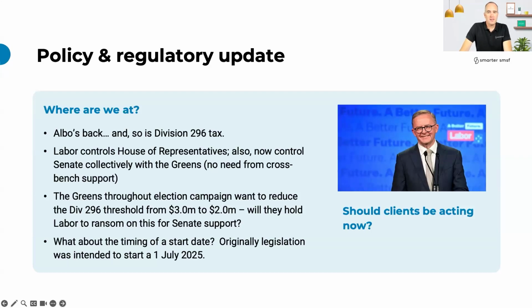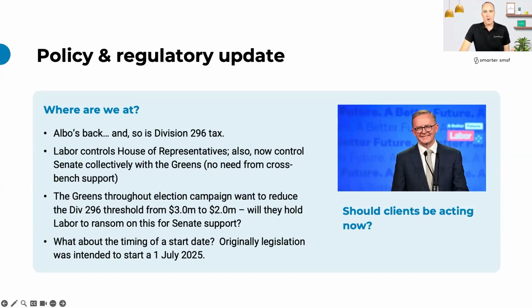We saw these measures originally announced, and much work had been done within the industry to hold at bay these laws, and the concerns raised throughout that first term of government about the unrealised capital gains inclusion, the lack of indexation, et cetera.